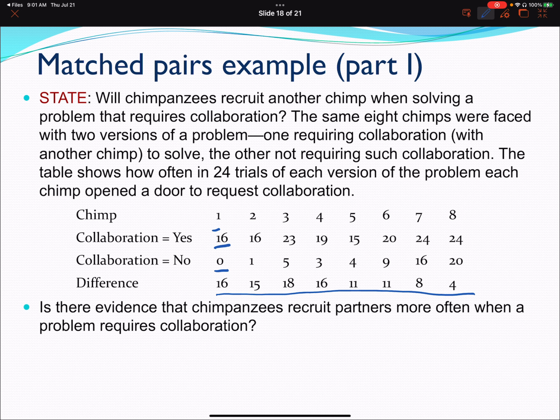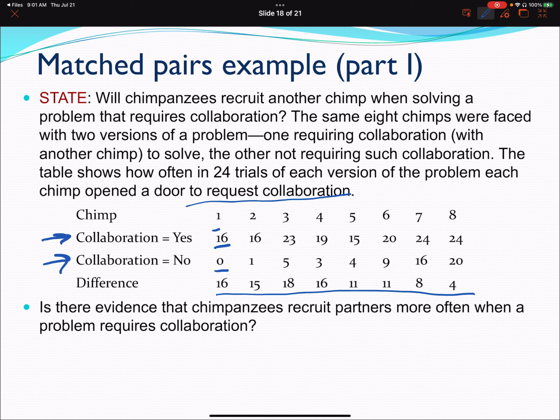Is there evidence that chimpanzees recruit partners more often when a problem requires collaboration? There was a test that required collaboration, and a test that required no collaboration, and this is the number of times they opened a door to request collaboration.